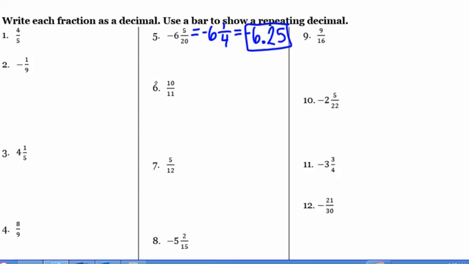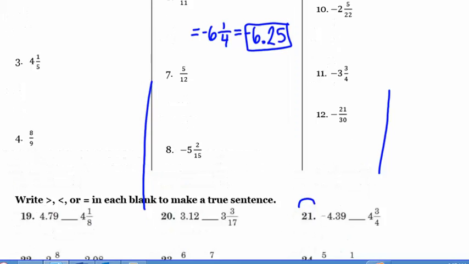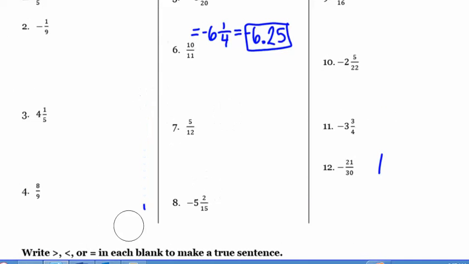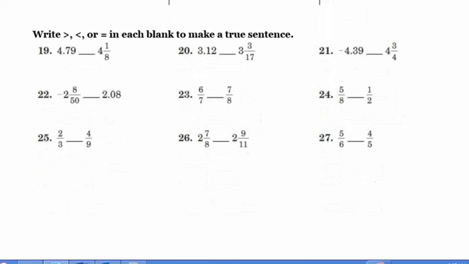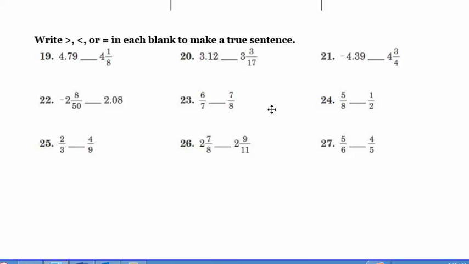Alright, so for the rest of your homework, I want you to do 6 through 12. So I'll state the rest of those, fraction to decimals. Next thing we're going to take a look at is using comparisons.